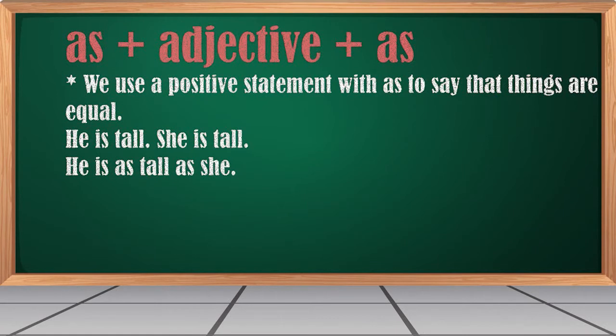Look, tall here is a positive adjective, not comparative, not superlative. So we use as plus a positive adjective. We can't say taller or the tallest, but we say he is as tall as she.